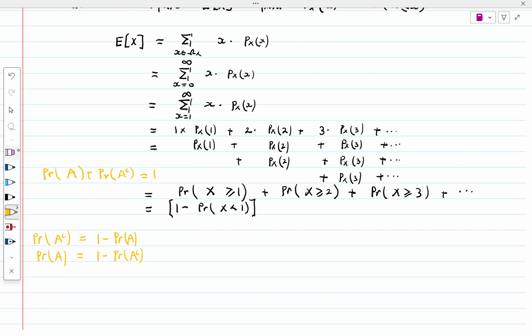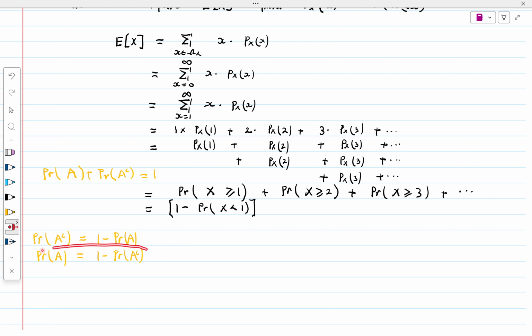So in the example above, our event A is the event that x is greater than or equal to 1. The complement of that event is x is less than 1.